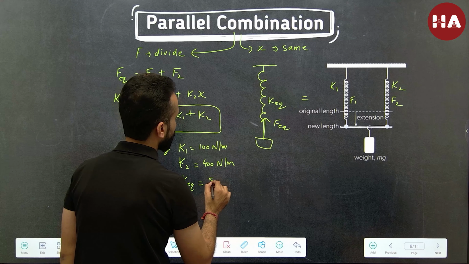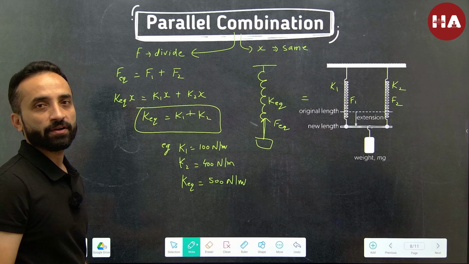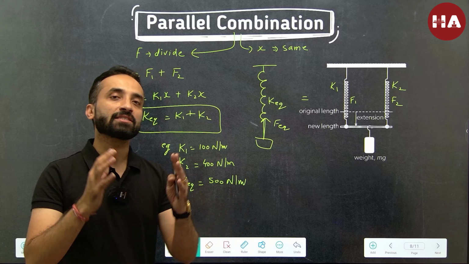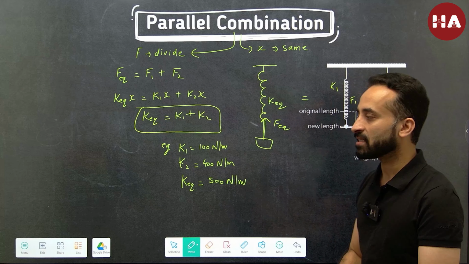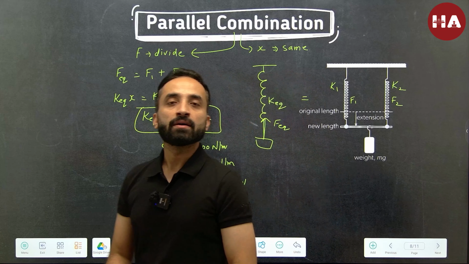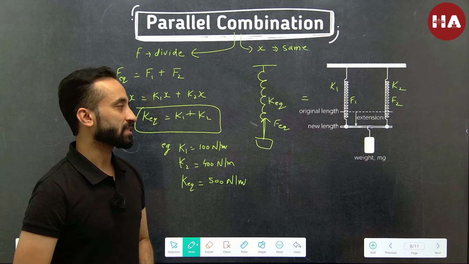The answer is going to be K1 plus K2 simply, that is 500. That means it behaves as a stiffer spring because you are giving more support to that spring, which is not allowing it to extend that easily. So when you combine the springs in series, they easily extend. But when you combine them in parallel, it becomes more difficult to extend.